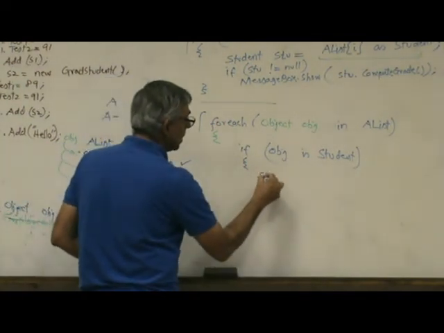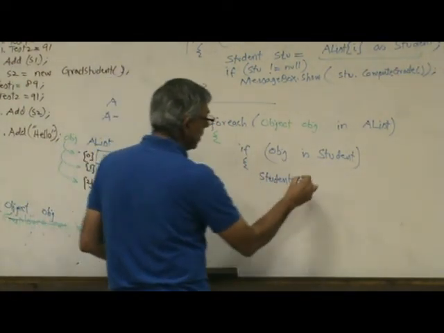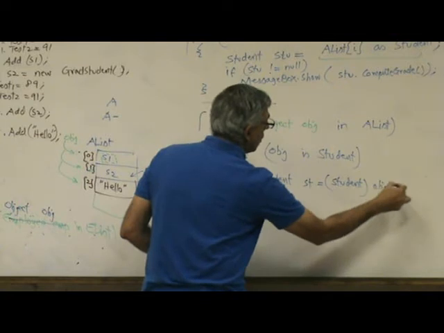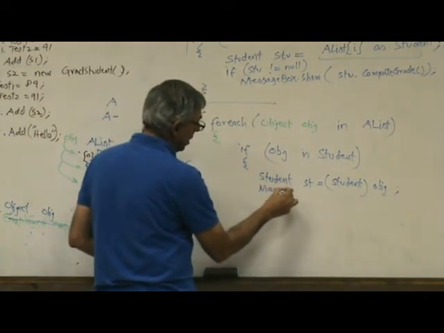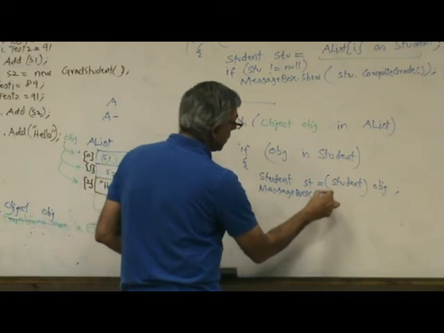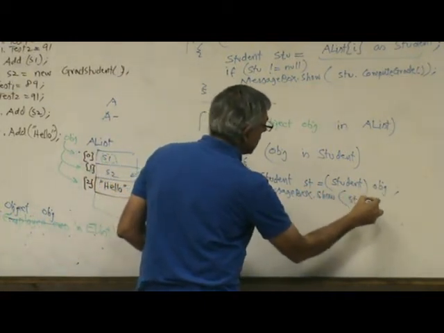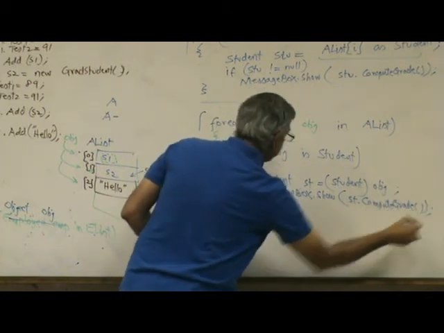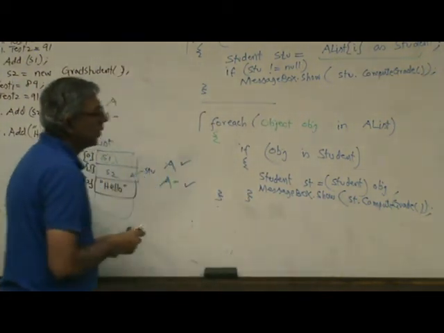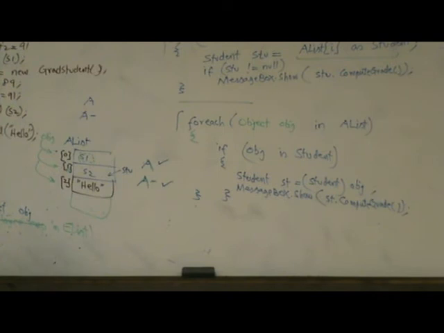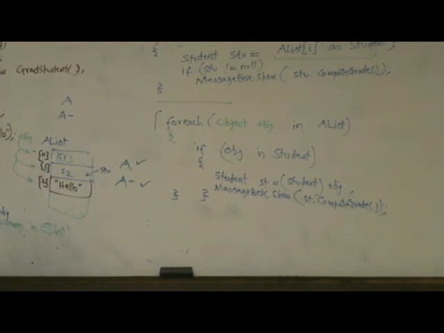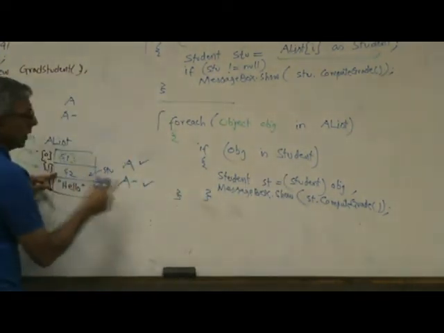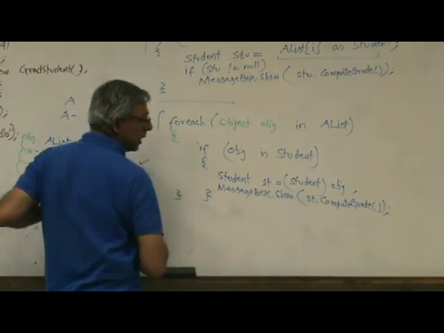So now you will say student st equal to student obj, and then message box dot show st dot computer. Again we are checking, and if obj is a student, only then we typecast and obtain a student type reference.